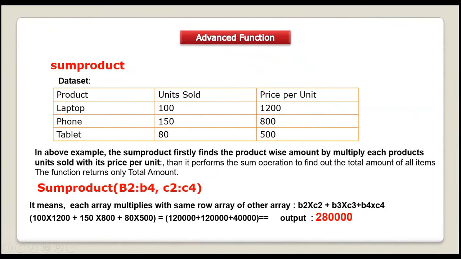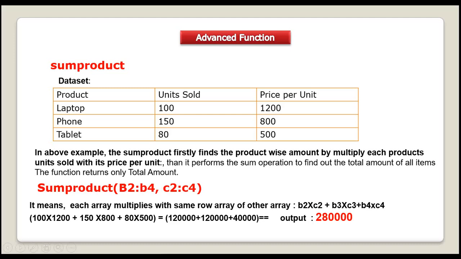Here 100, 150, 80 are in one array, and 1200, 800, 500 are in another array. Each item of one array is multiplied with the same-row value of the other array. So B2 into C2, B3 into C3, B4 into C4, like that it calculates.